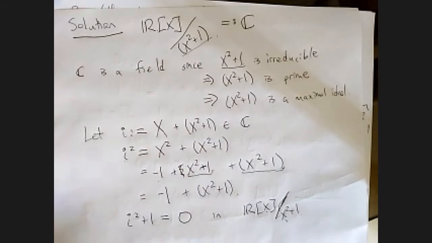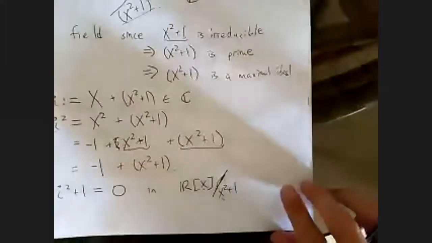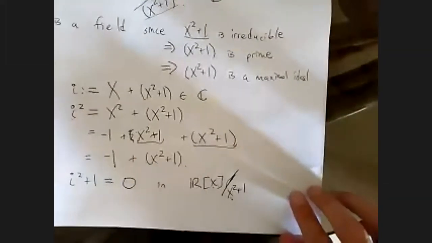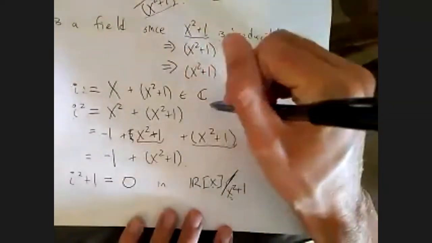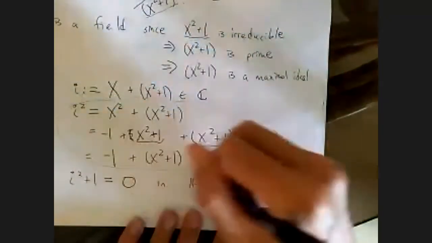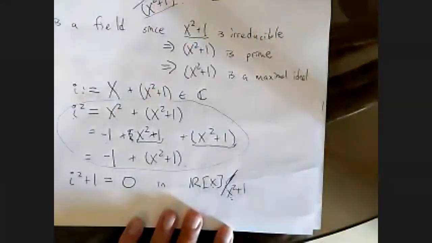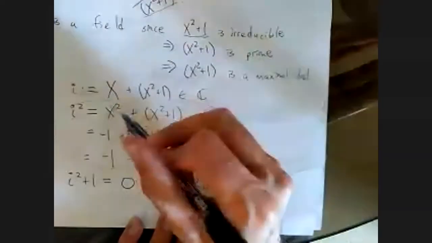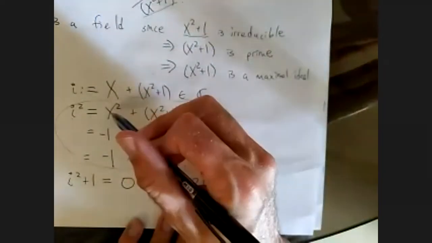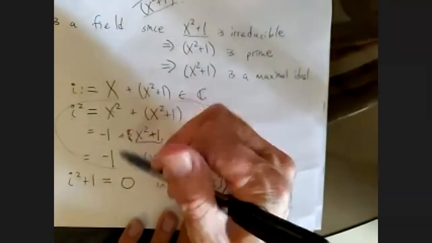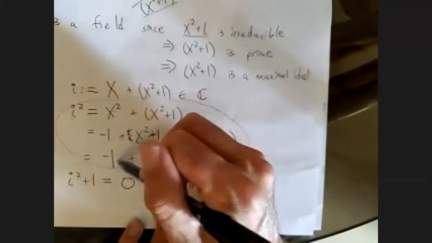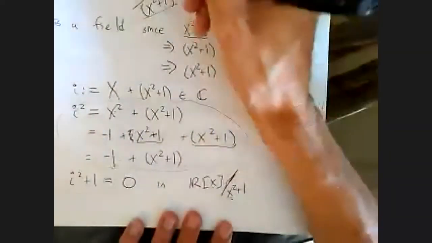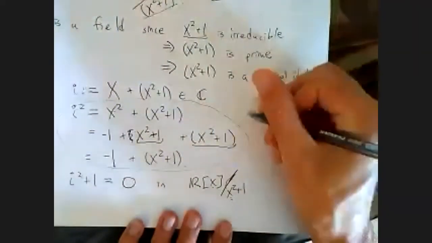Okay, let me also just remind you of the steps of this calculation. Basically we have these two polynomials, x squared and -1 in R[x], and we want to see why they are congruent mod x squared plus 1.